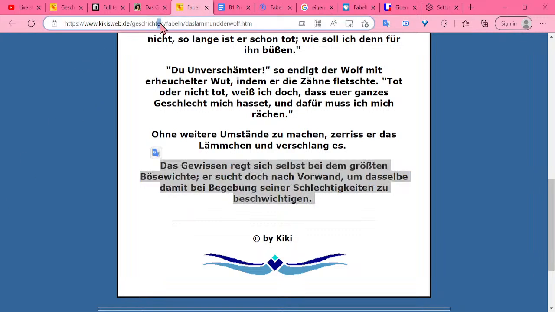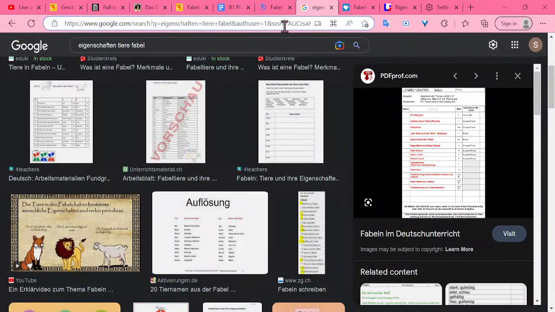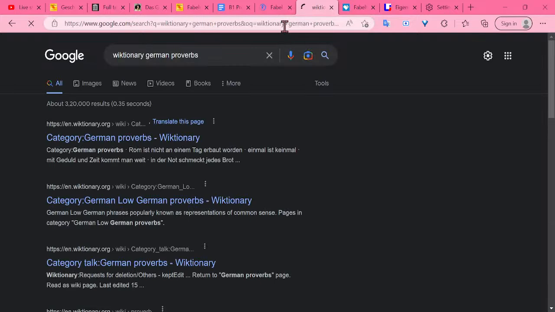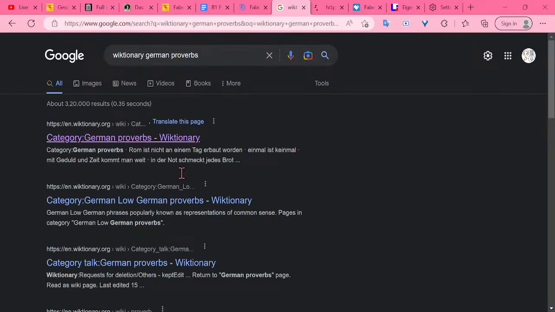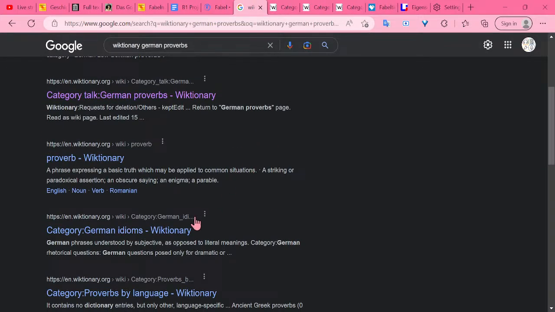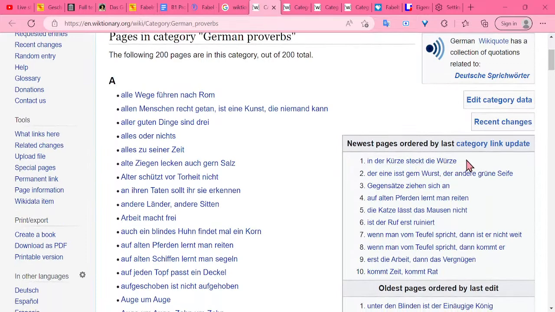Wiktionary. So you can go through this list, and yep, there we go. And you can kind of choose your moral. And the quotes. This is very fun.